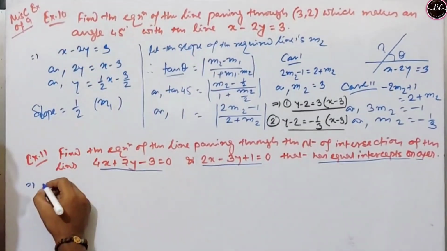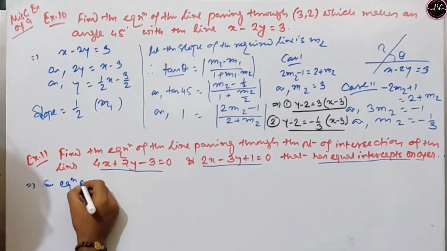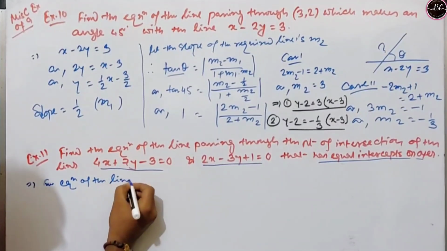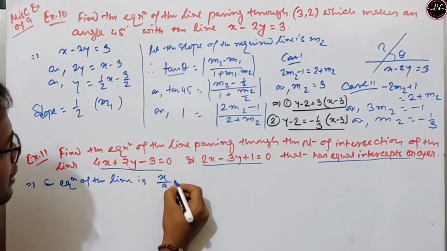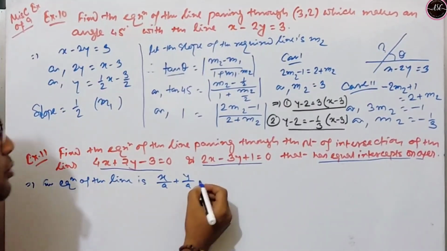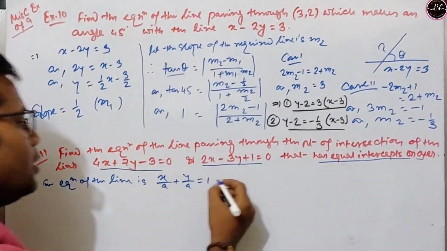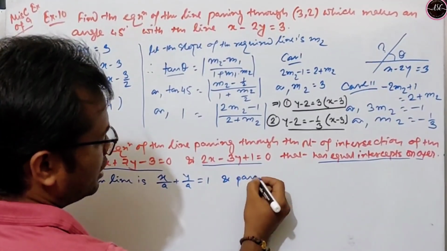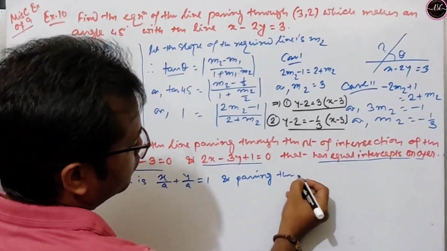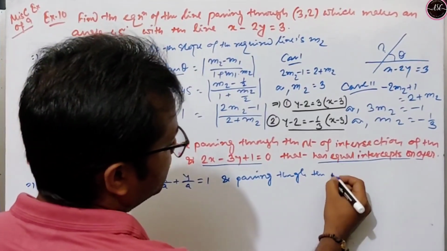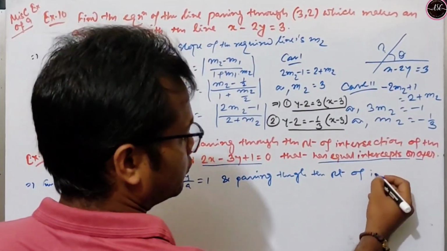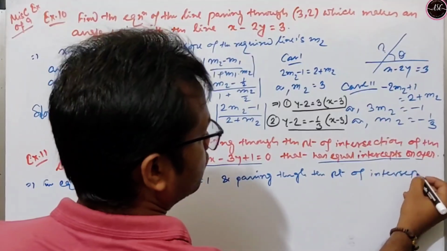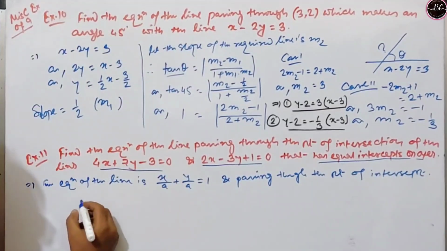So the equation of the line is x by a plus y by a equal to 1, and passing through the point of intersection.